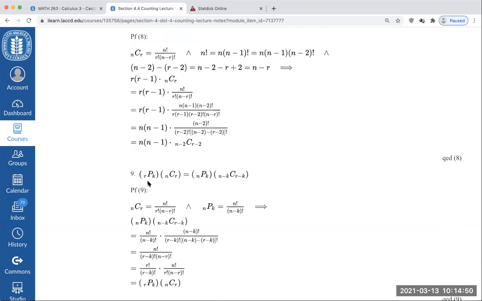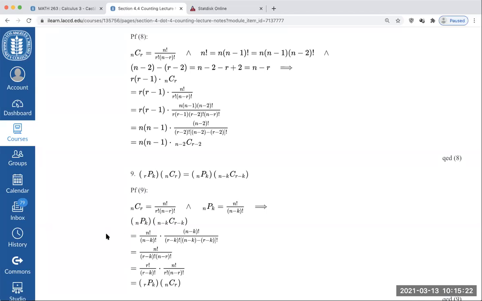Okay, so we're just going to use the factorial definition of nCr and nPr. So nCr is n factorial over r factorial times n minus r factorial, and nPk is n factorial over n minus k factorial.